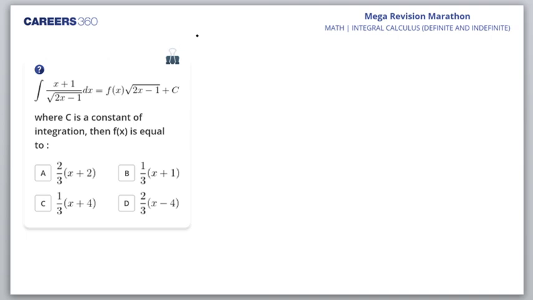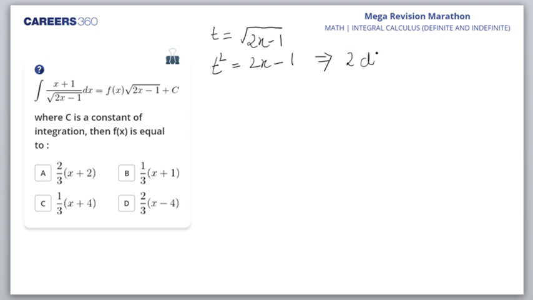Let's see. This is our first question. We have substitution: if I consider t as under root 2x minus 1, any problems with that, students? So I can square and get t squared equals 2x minus 1. Isn't that right? So I differentiate both sides with respect to x.